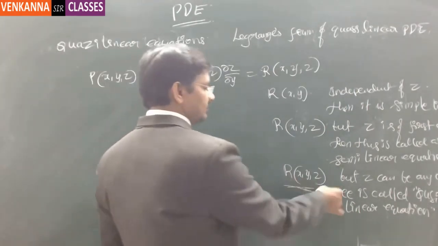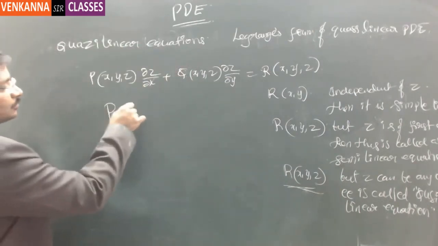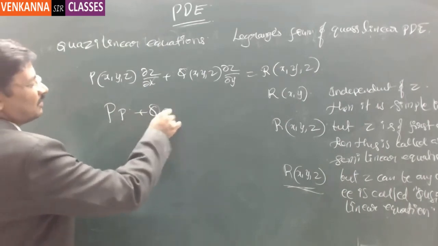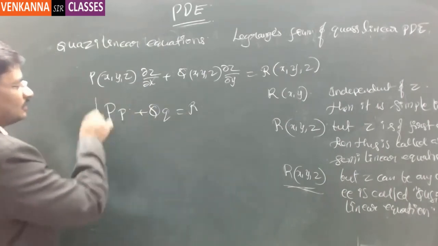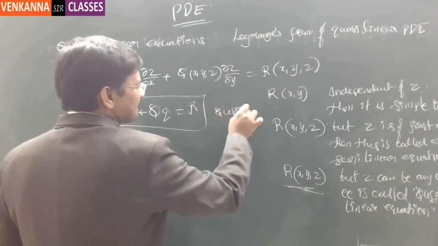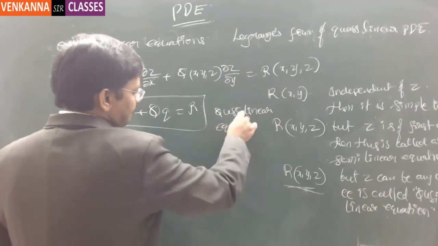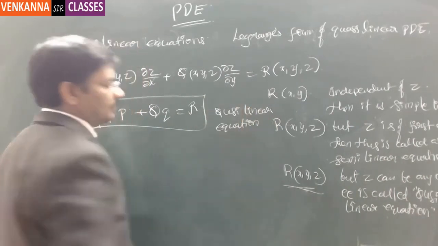We have the quasi-linear equation in our syllabus. In short, we write this as capital P into small p plus capital Q into small q is equal to capital R. Got it?